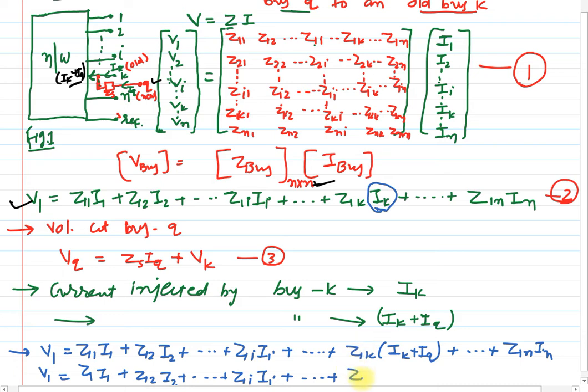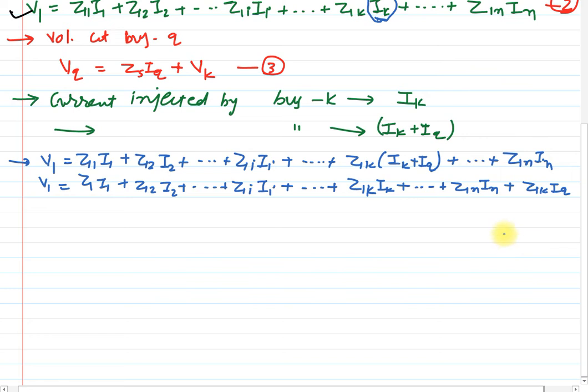Okay, here Z1k into Ik, just write down the small one. Yes, it is in suffix, so it is Z1k into Ik. Just open this bracket. I can write Z1n into In, and the last element which is Z1k into Iq.